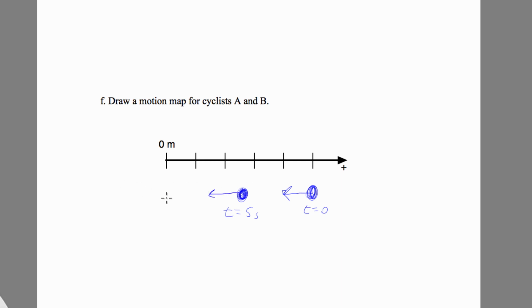And this is sometime later, so I'll say this is t equals 10 seconds, just to be consistent that there's 5 seconds between each dot. And as far as I know, he's still moving that way. Our red cyclist starts more like here, and he's moving.